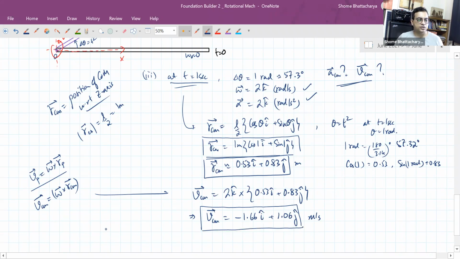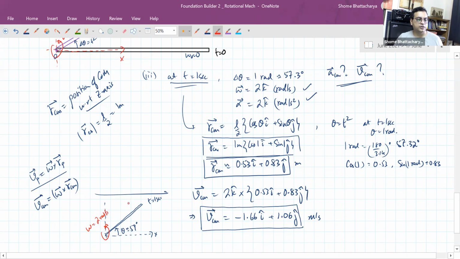And that you can understand in that diagram, it will look like this. The angle the rod is making at that moment, t equal to 1 second, is nearly 57 degrees with the x-axis. And the angular speed it is having at that moment is 2 radians per second.